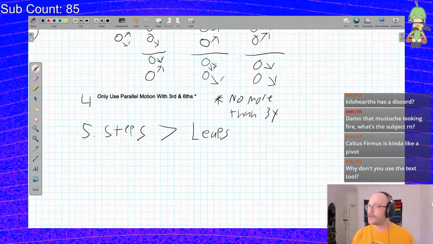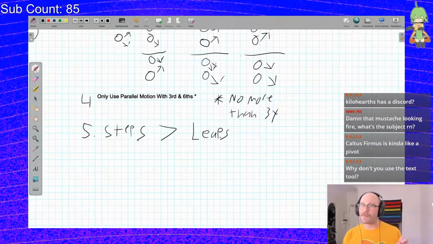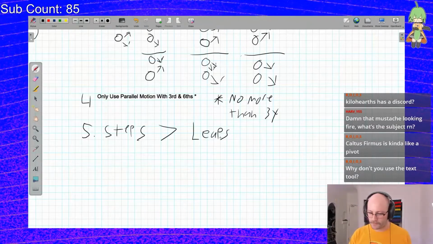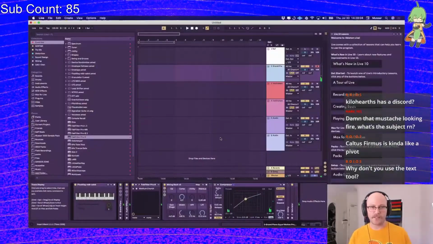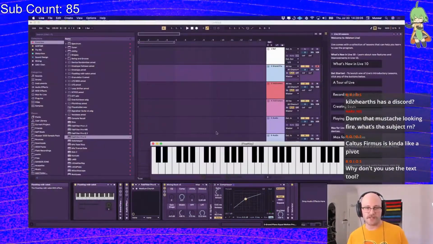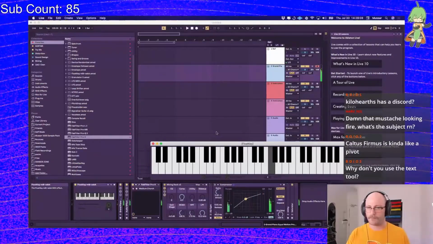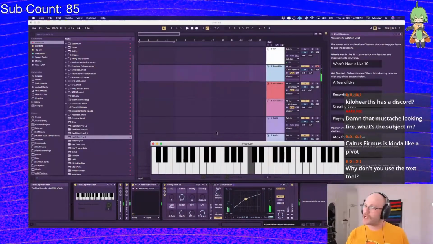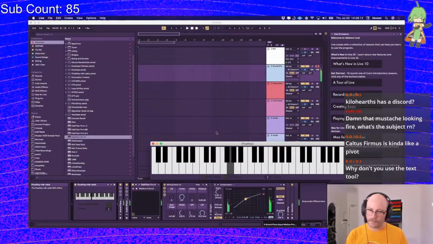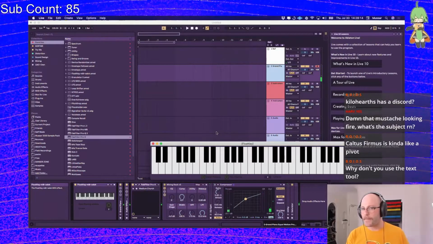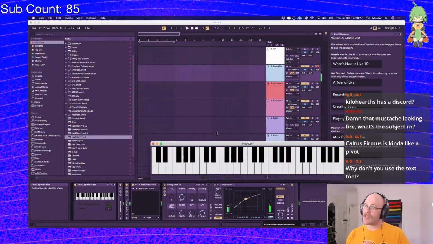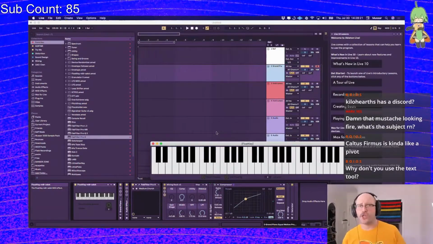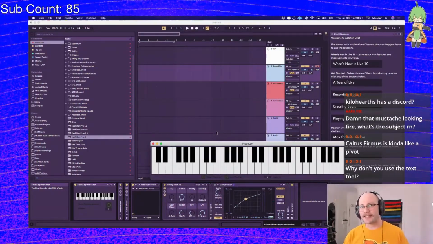Conjunctive being notes that are separated by a major or minor second. If I jump back to Ableton, show off float key for a second. Each one of those notes is a major or minor second away from each other. Those are easy to sing.